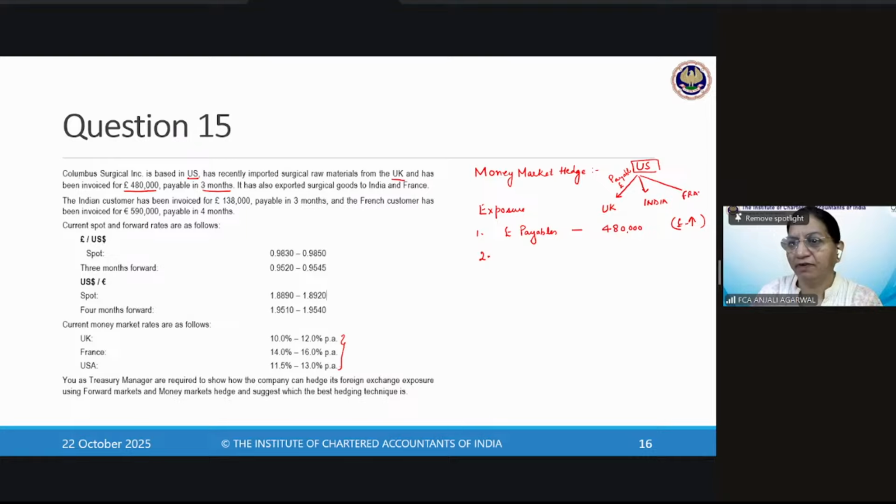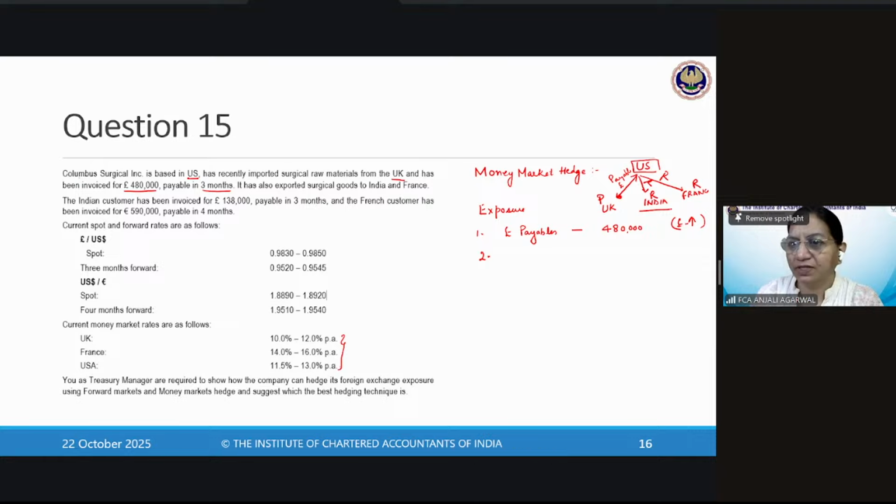But from India and France, it has receivables because it has exported to these countries but imported from UK. So in India and France it is receivables, but in UK it was payables.